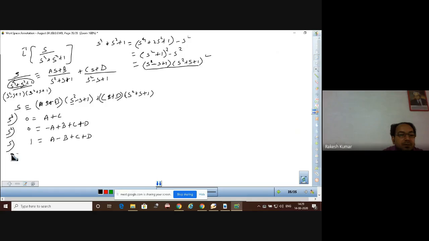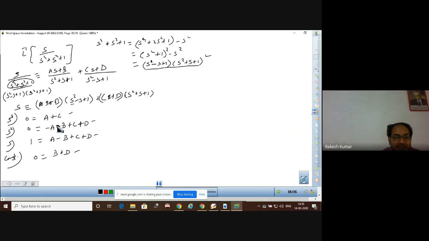So now we can equate the coefficient of the constant term. There is no constant term on the left hand side, there will be 0. And on the right hand side, the only constant term is when you will multiply b with 1, b, and plus d. Now you just see, we have 4 equations, and we just need to find out all the 4 constants.